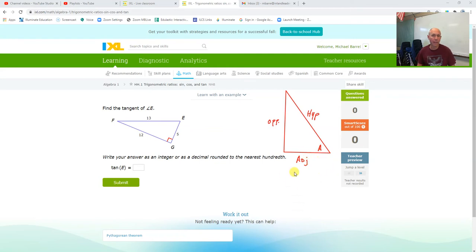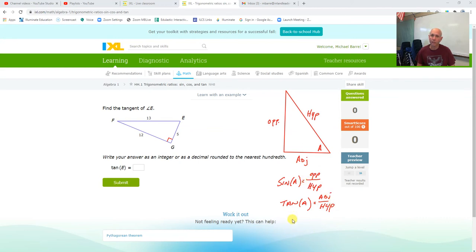And then the 3 trig functions are sine. Sine of A equals opposite over hypotenuse. Tangent of A equals adjacent over hypotenuse.